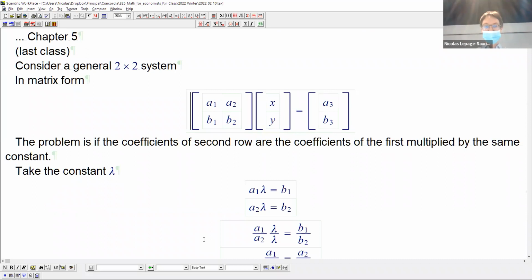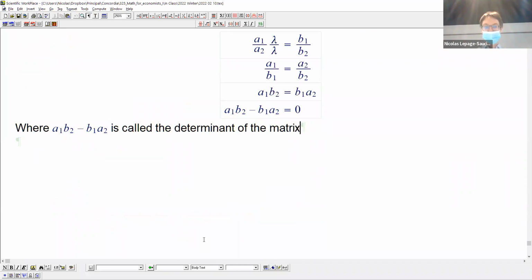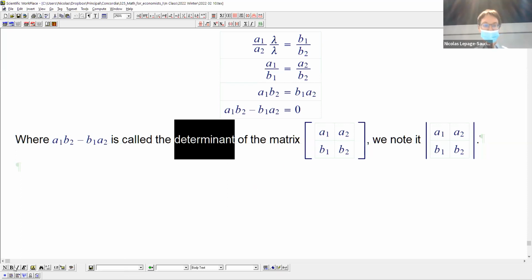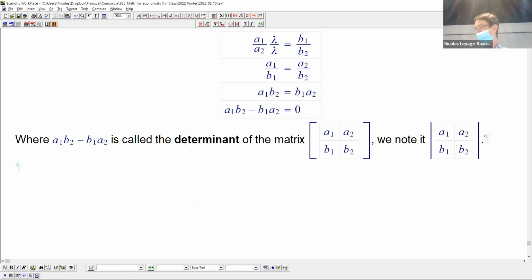So this matrix there. And we may note it this way. So simply we replace the brackets with vertical lines. And this is an important concept. We are going to, of course, discuss it later.